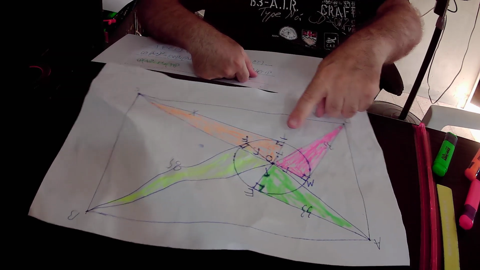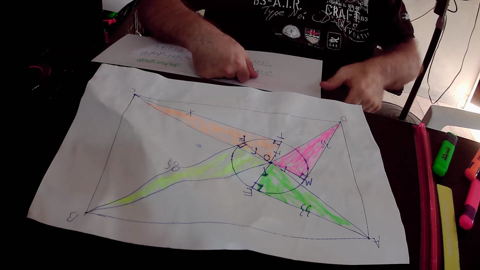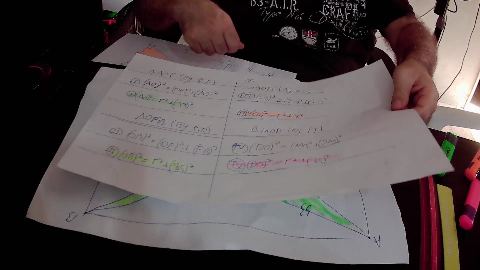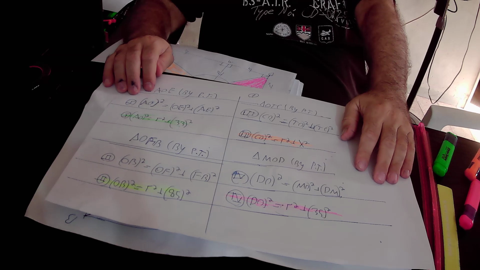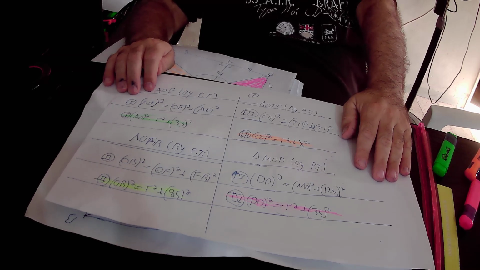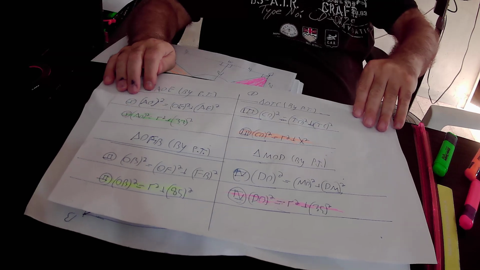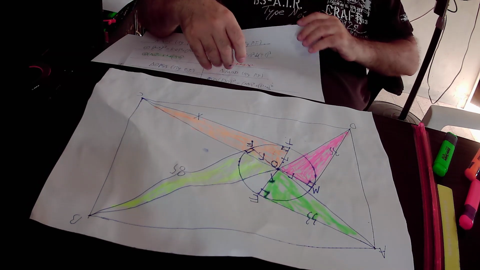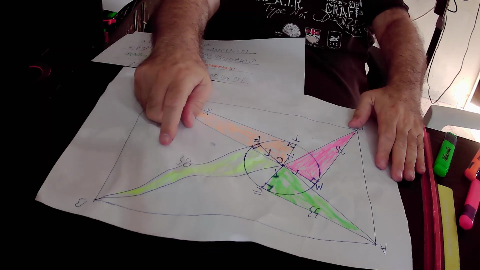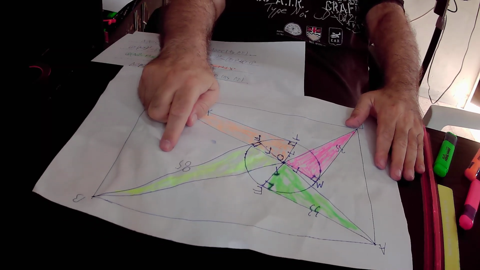OE equals R, AE equals 33. So according to equation number 1, AO square equals R square plus 33 square.